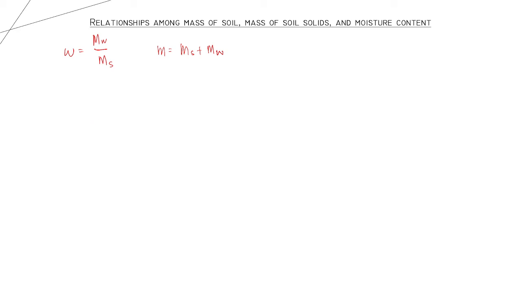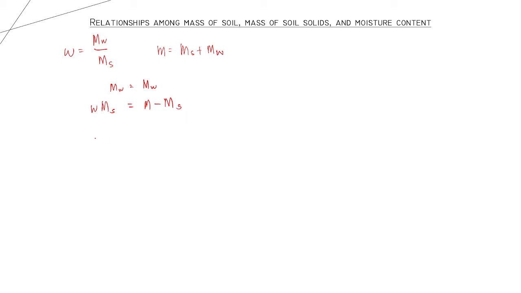We will simply equate that the mass of water is equal to this one, and then W, moisture content times the mass of soil solids, is equal to the total mass minus the mass of soil solids.